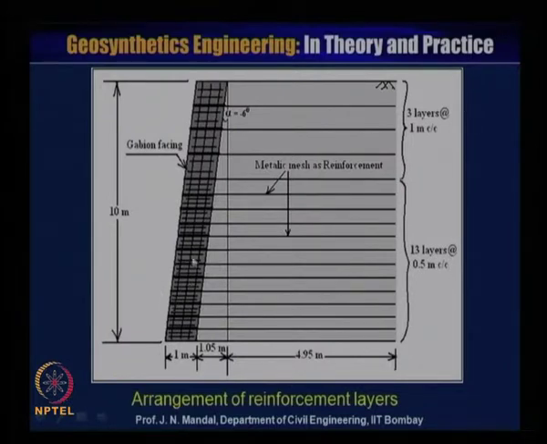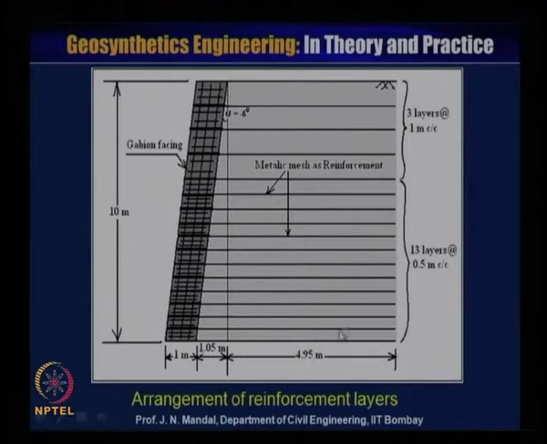So this is the arrangement of the reinforcement in different layers, and we know this is the height of the reinforced soil wall, and this is the gabion as a facing. Here you can see the 0.5 meter spacing.